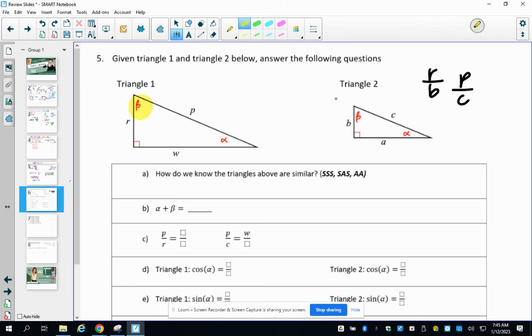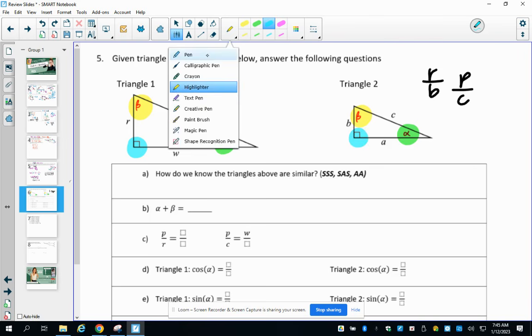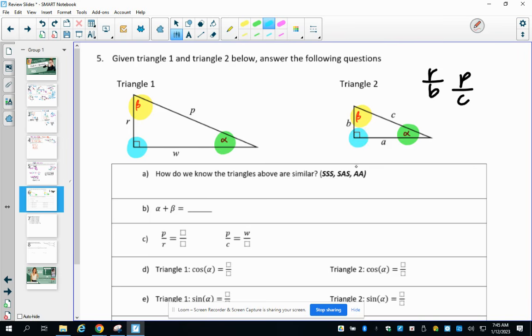They said this angle is beta and so is this one, same variable. They gave us this one is alpha and this one is alpha. And they gave us 90 and 90. So all of the angles in these triangles are the same. So that means that these two triangles are similar by angle-angle similarity.